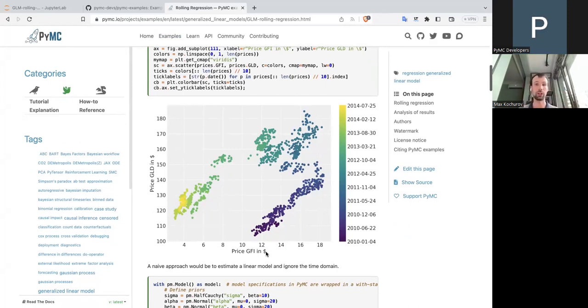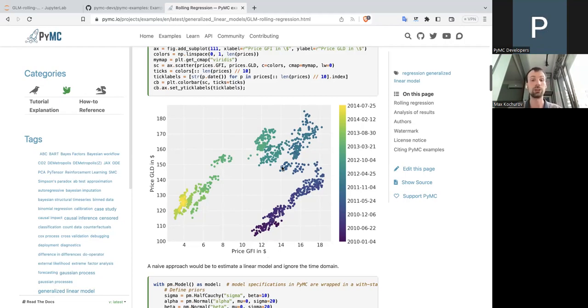So the greater the cost of extracting the gold, the higher the price that should be paid to buy some gold on the stock exchange. And this relation changed in time, and if we plot them against each other, we can indeed see that index versus price is not a linear dependence.